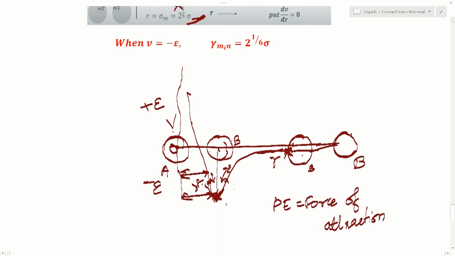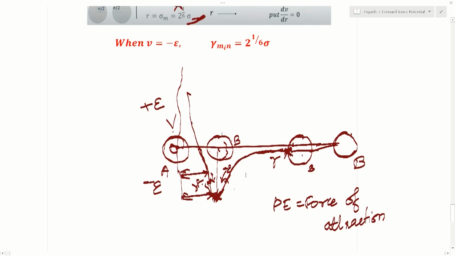When the molecule is to the left of the well or to the right of the well, in both cases the potential energy is due to the force of repulsion, since the repulsive force is increasing in both directions.